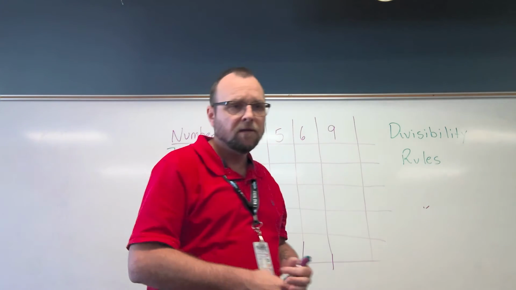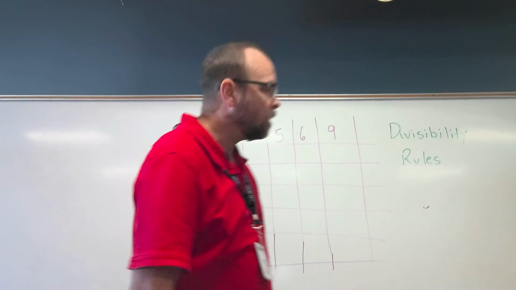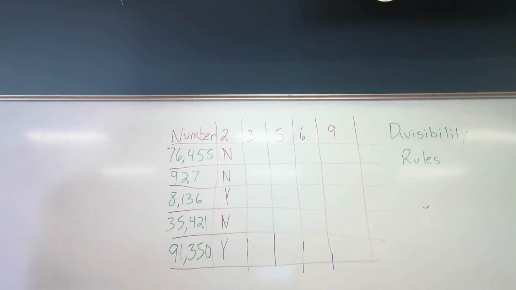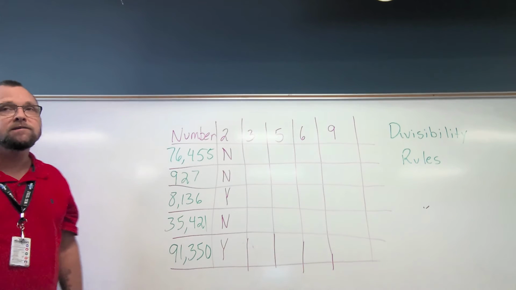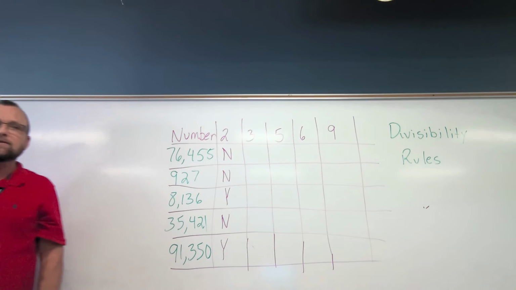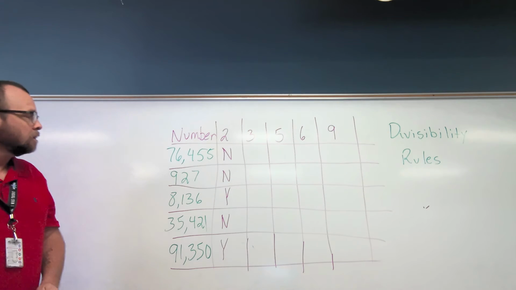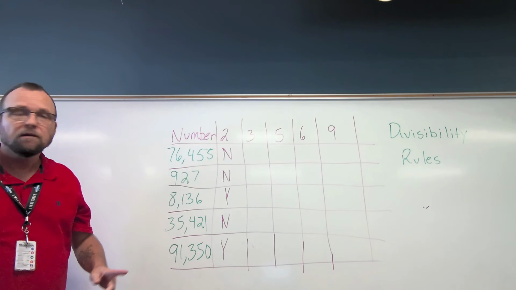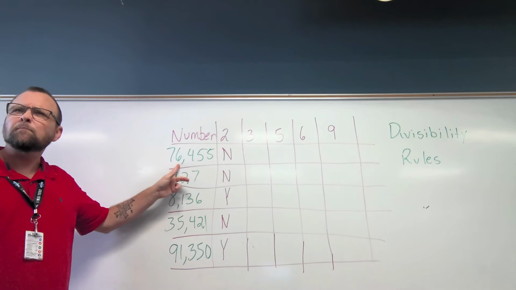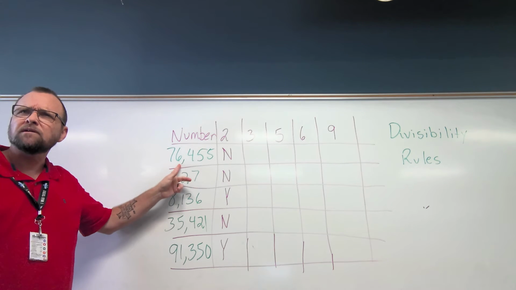So let's look. We have 76,455. We're trying to see if it's divisible by 3. We have to find the sum of the digits. Grace, what is 7 plus 7?